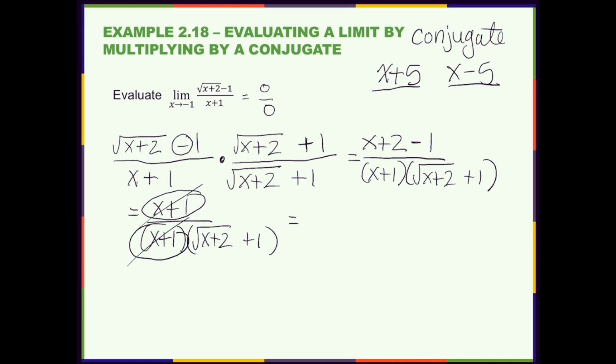Now I can get rid of the x plus 1 because they divide out and I'm just left with 1. So when I finish simplifying this expression, I end up with 1 over the square root of x plus 2, and then on the outside plus 1.